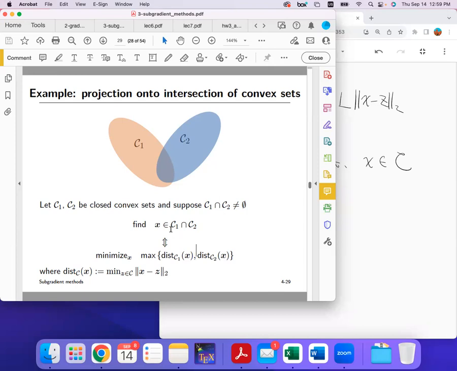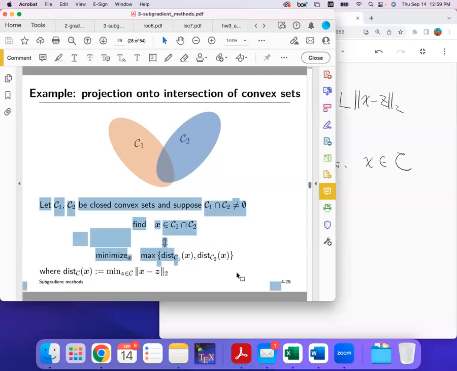Now this problem can be reformulated as the following problem. Well, we want to minimize the maximum distance between x to set C1 and x to set C2.